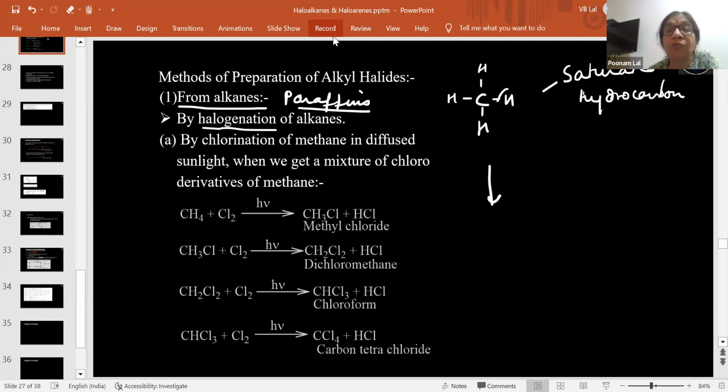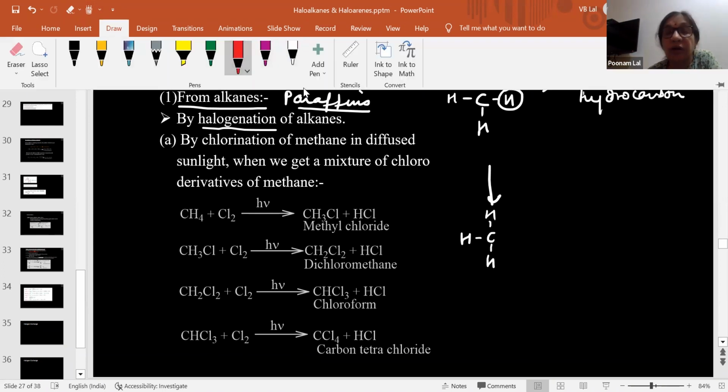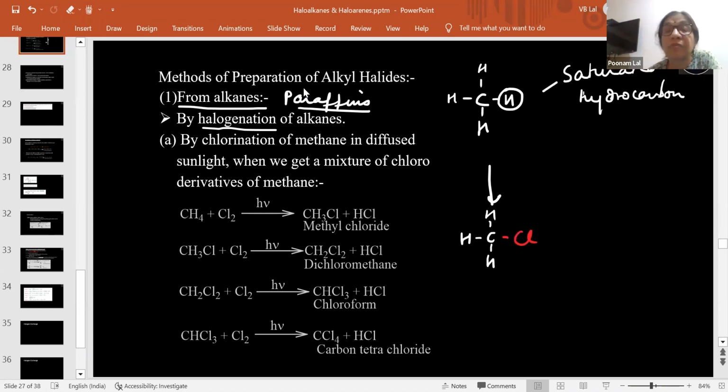I replace one hydrogen with a halogen. So I will get a halogen here. I replaced the hydrogen with a halogen.